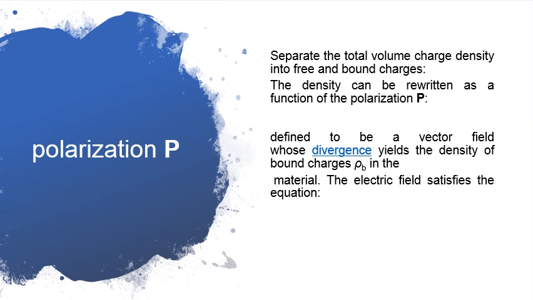We separate the total volume charge density into free and bound charges, and the density can be written as a function of polarization P. This polarization is defined to be a vector field whose divergence yields the density of bound charges, rho B.